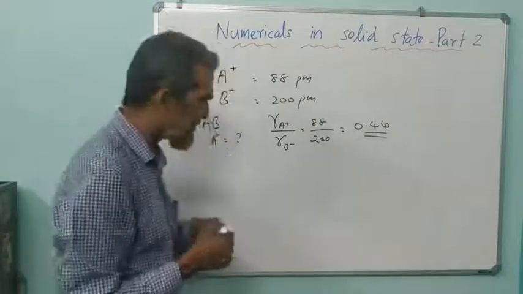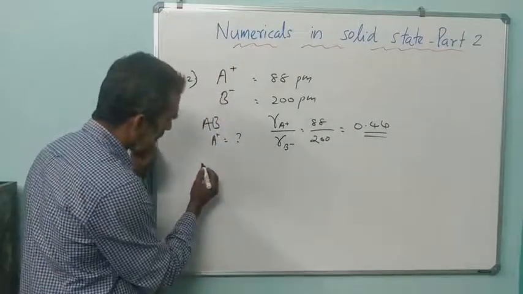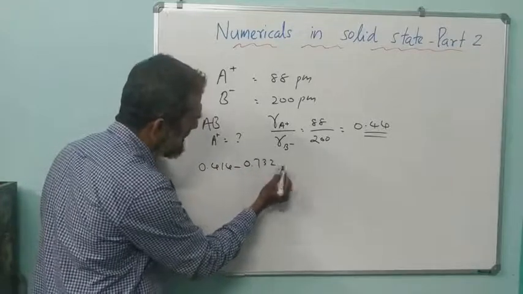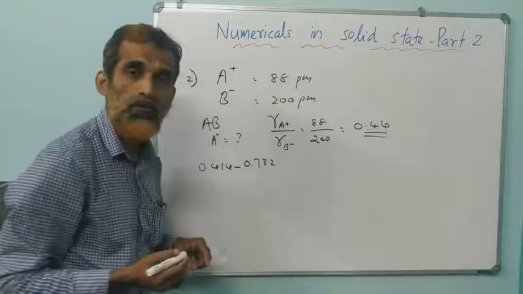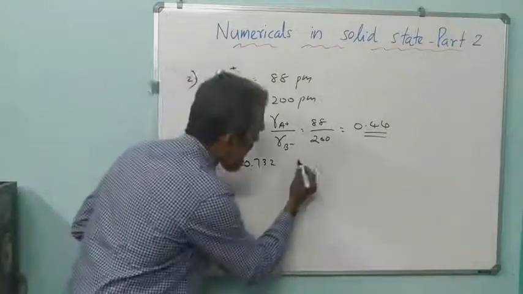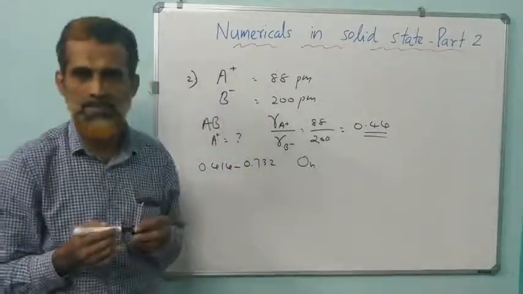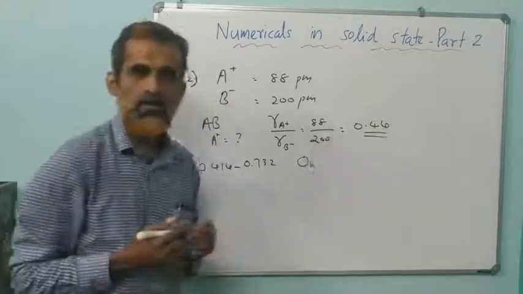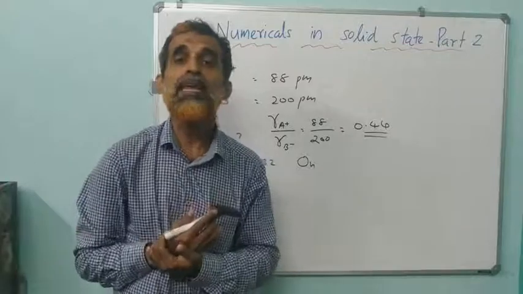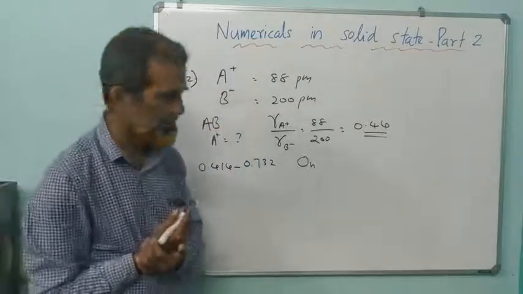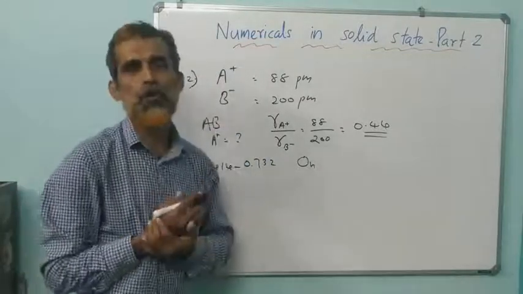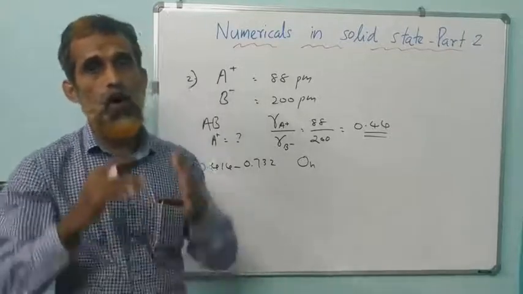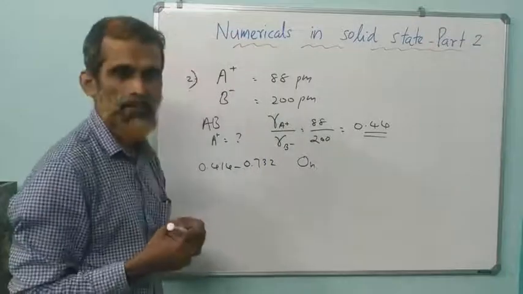0.44 comes between this 0.414 to 0.732 range, and that corresponds to which kind of void occupancy? Octahedral void occupancy, isn't it? Because it is within this range. This is similar to NaCl structure, sodium chloride, where Na plus occupy the octahedral voids formed by the close packing of Cl minus ions.